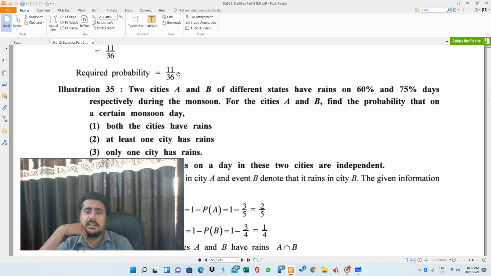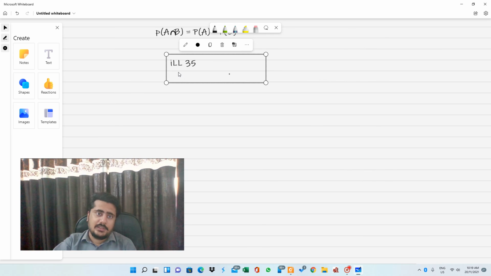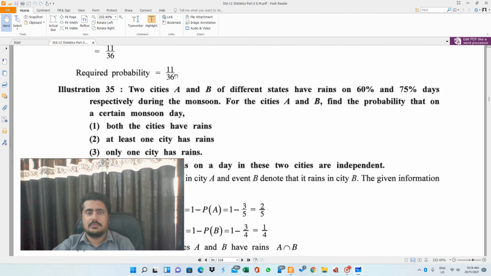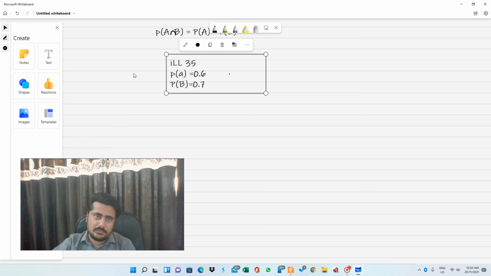See, two cities are having rain on 60% and 75% of days. P of A is 0.6. P of B is 0.75.